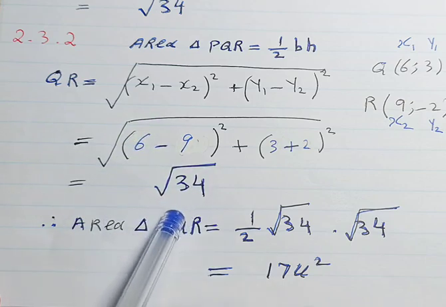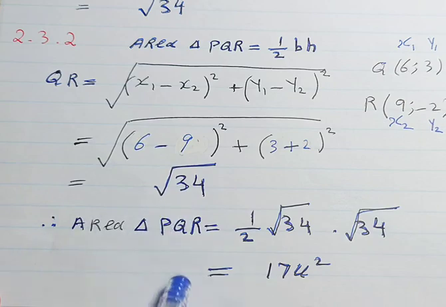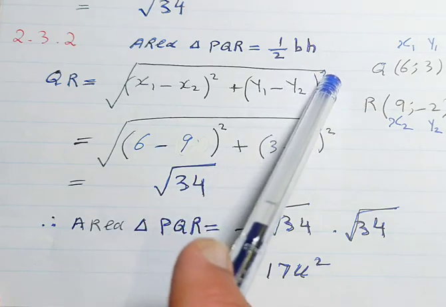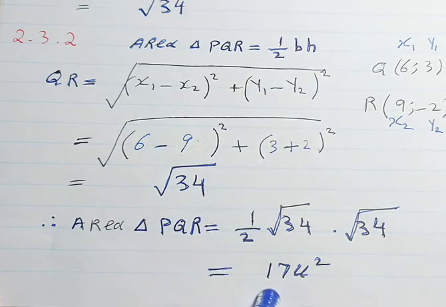So the answer is also root 34. Now I plug it into 1/2 base times height, so 17 units squared. This is my final answer. When you find the area of triangle PQR, or any triangle area, you write units squared.